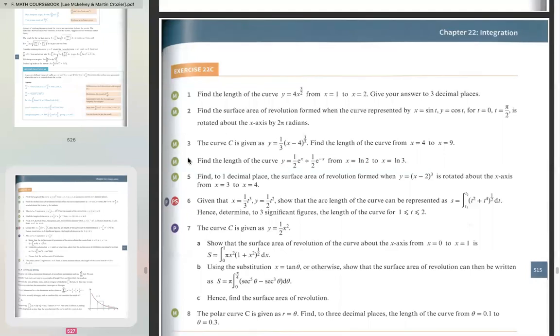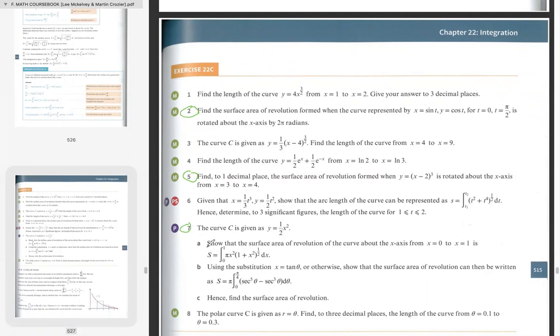You will solve question 2, question 5, and question 7.